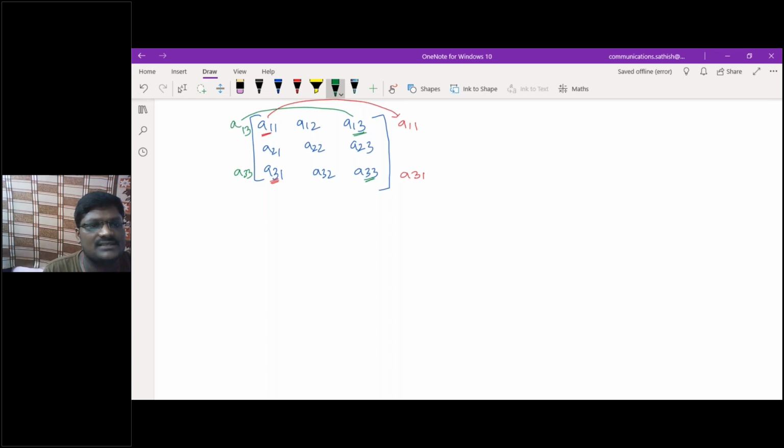So this is the matrix we are taking. After writing the first column, first element, and last element in the opposite, then similarly the last column, first element, and last element, you have to write in the opposite.